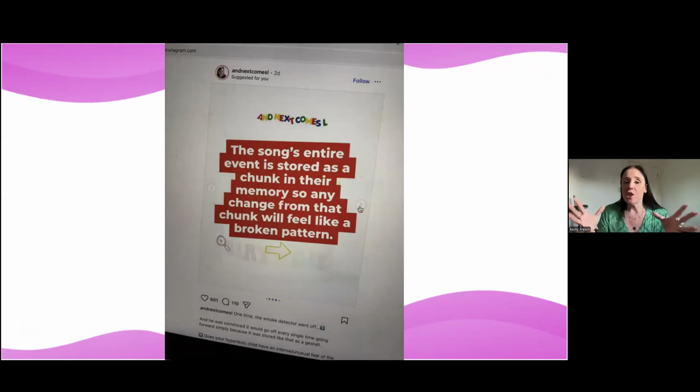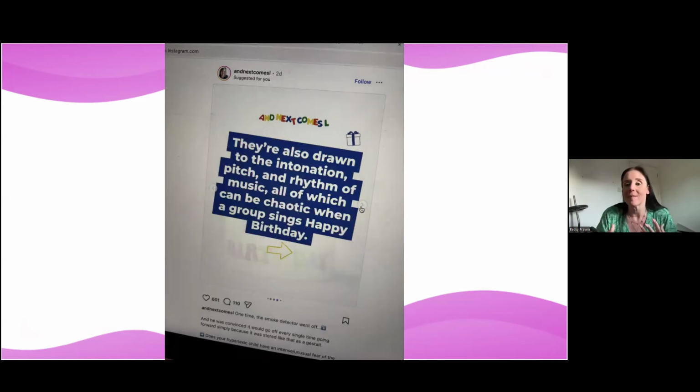So for these children, that song's entire event is stored as a chunk in their memory. Any change from that chunk will feel like a broken pattern. So if they've stored their joyful happy birthday in one form, any other form of happy birthday will clash with that and sound awful and be potentially very upsetting.